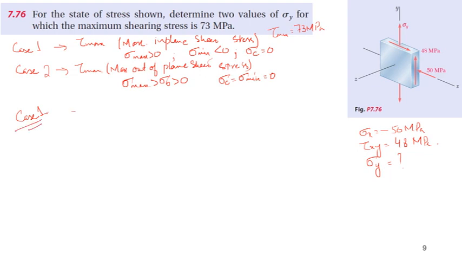In which the tau max we said is maximum in plane, and that will be equal to the radius equation, or under root of (sigma x minus sigma y divided by 2) square plus tau xy square. Now let's put the value and find what we get from here.